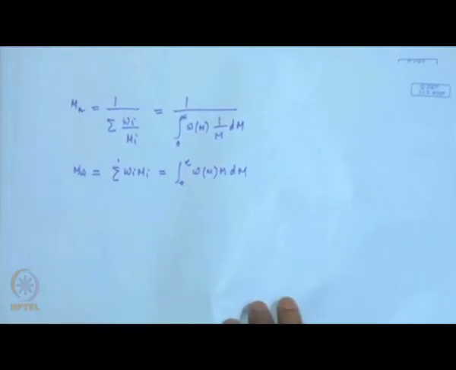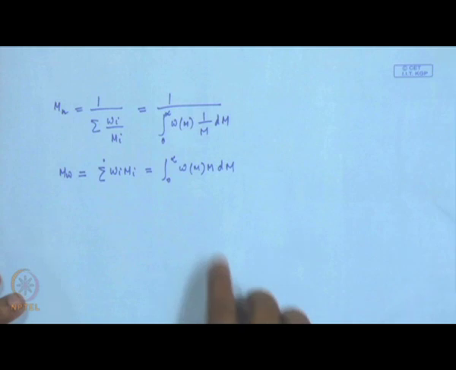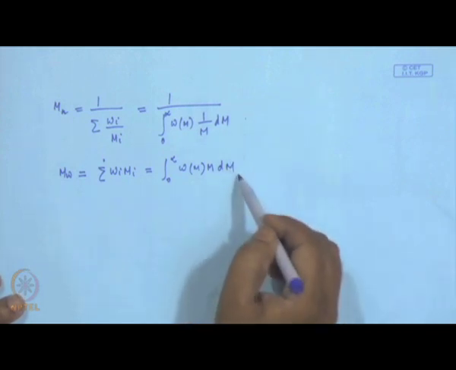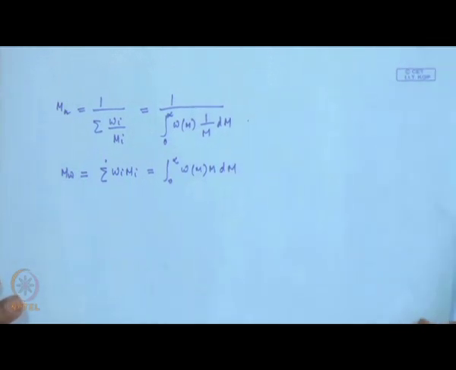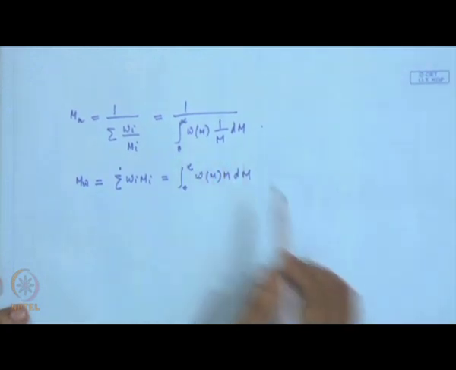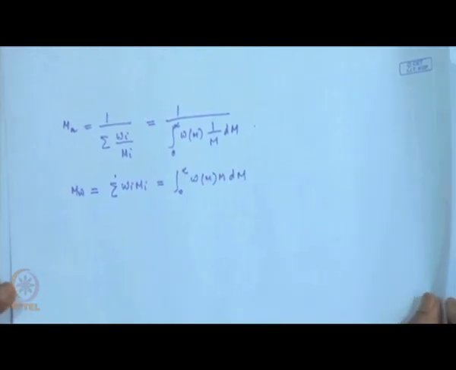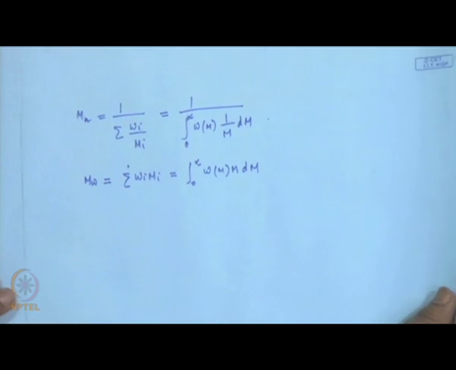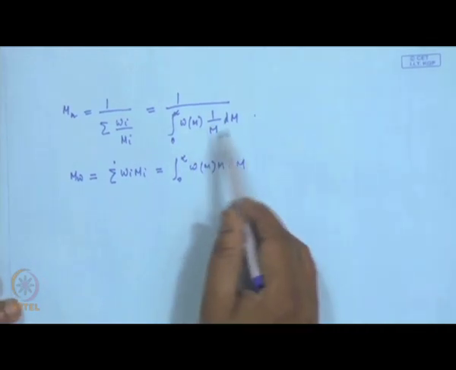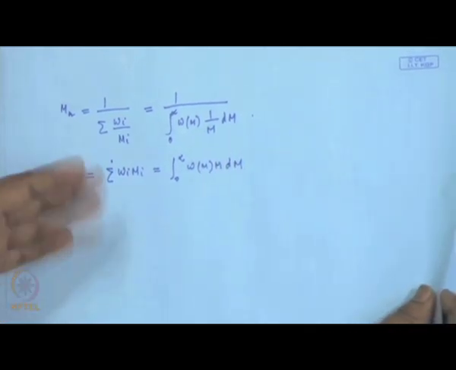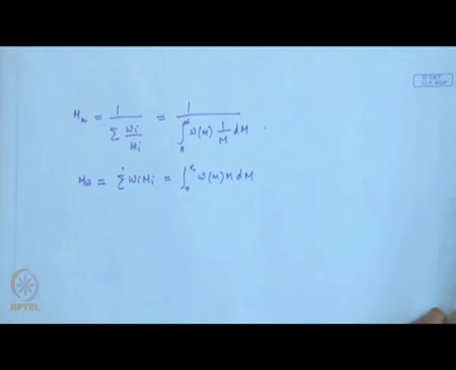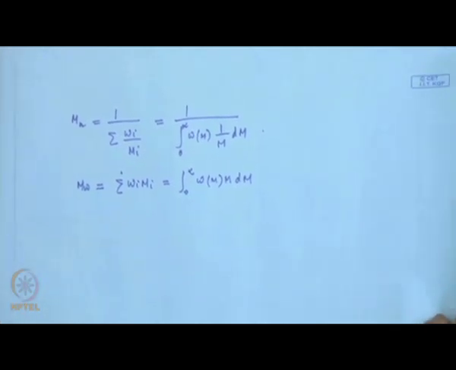These are the formulas for Mw and Mn we have seen in the beginning of this lecture. So, now we know how the weight fraction distribution W(M) varies with molecular weight. Once we know that, with the help of the software, these things can be easily calculated.